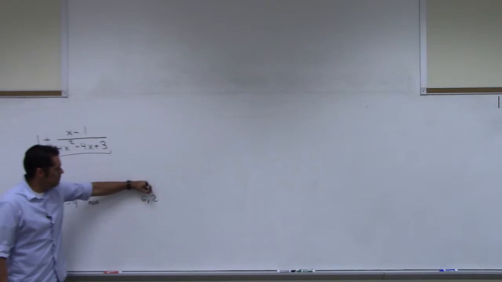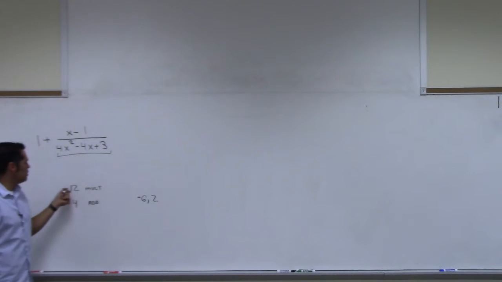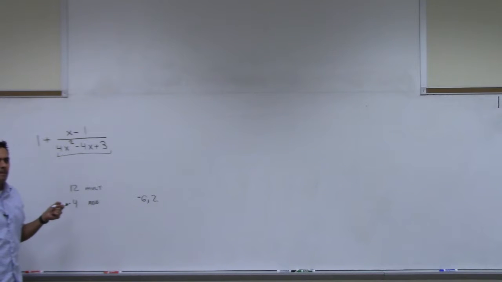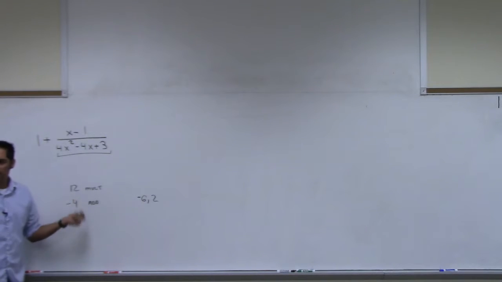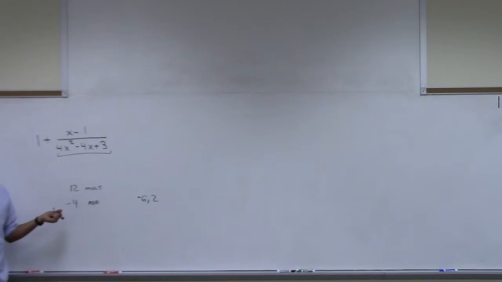So I'd have to make one of them negative, but then they can't multiply to be 12. So it's not going to work, is it? Do y'all agree? I can't factor this. So if it can't factor, then it's an irreducible quadratic, isn't it? It's irreducible.